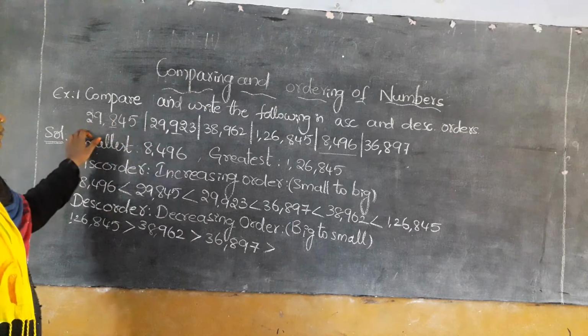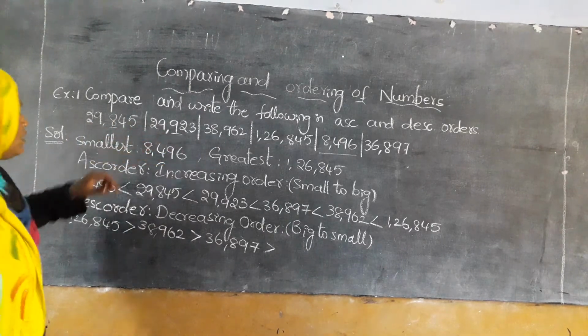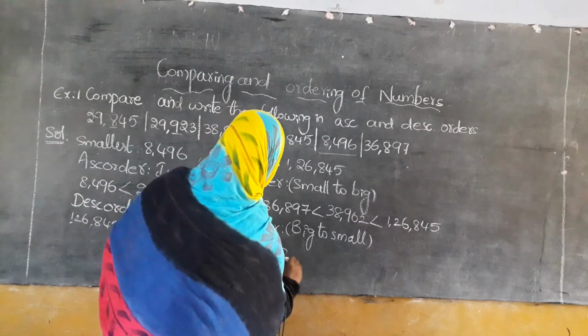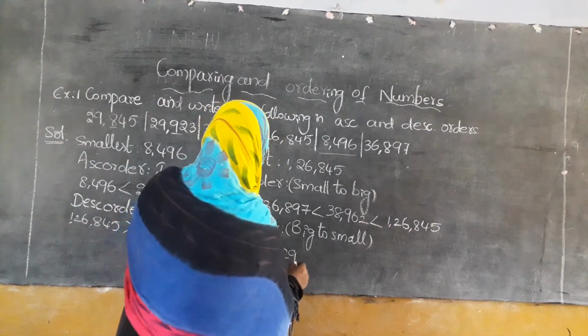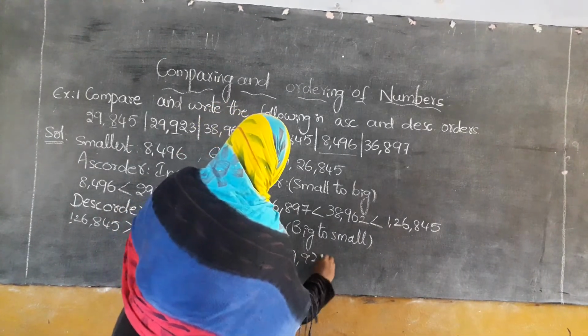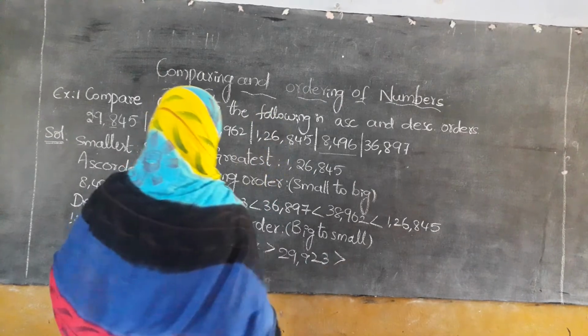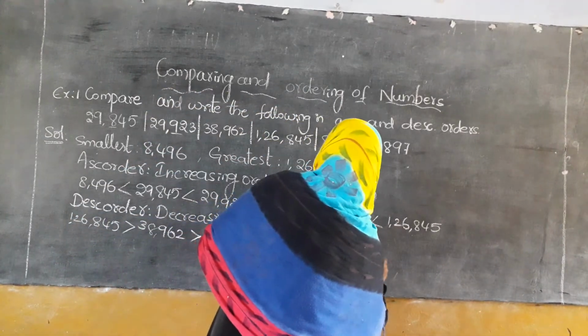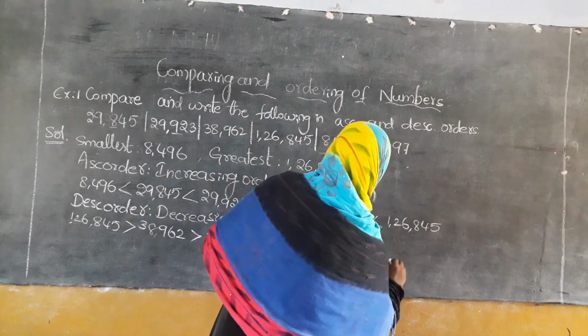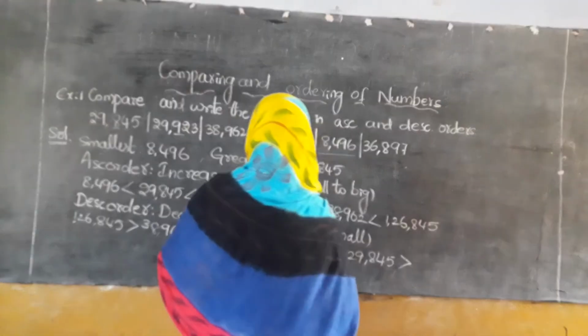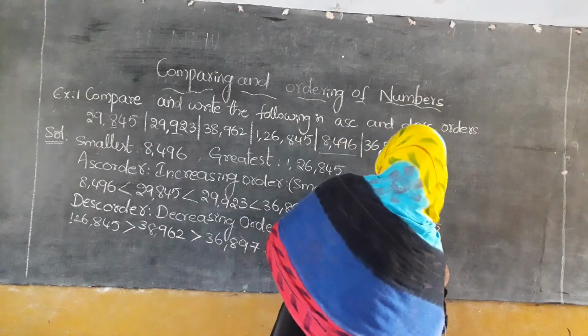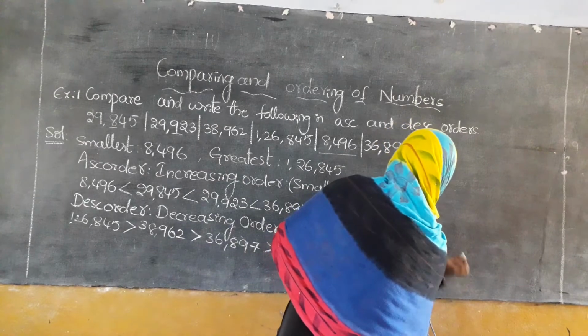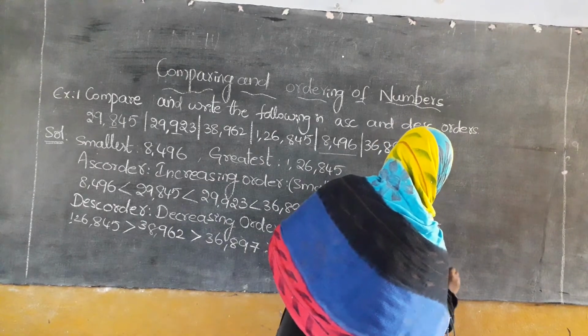Which is bigger? 9 is the bigger. So 29,923. After that, 29,845. And finally, we get the 4 digit number, 8,496.